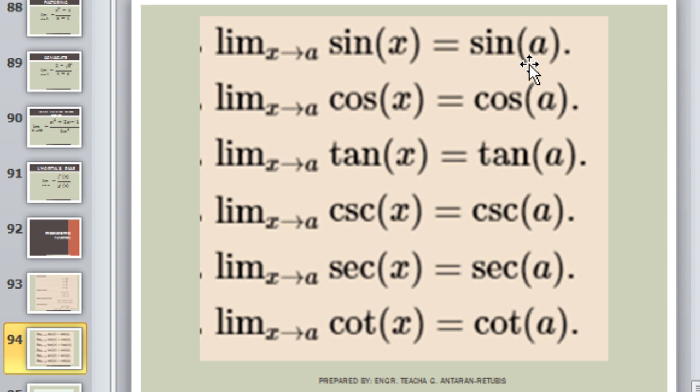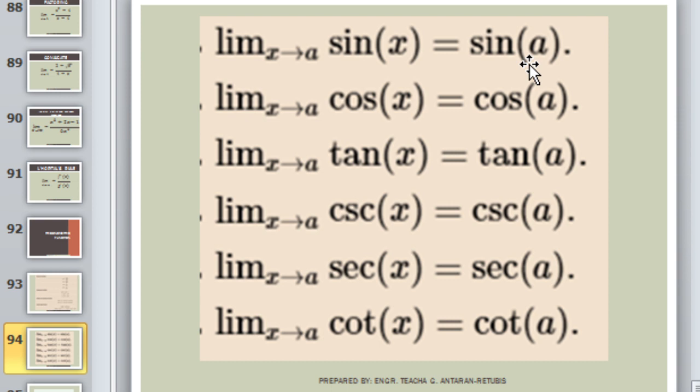But take note, class, that when evaluating, especially if you are using your calculator, your mode should be in radian mode. Again, when evaluating a trigonometric function, you have to set your calculator in radian mode, so that it gives you the correct answer. So, simple as that, class. You just substitute whatever the value of x is.